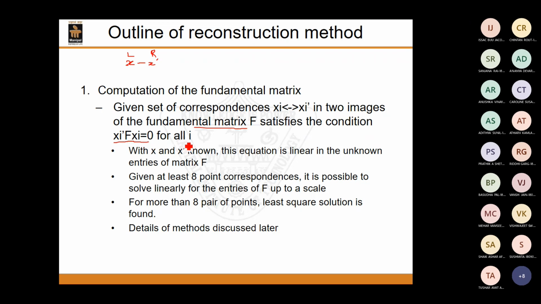And I can consider this for all i, for each of the point pairs, where i indexes the rows. Since I know x dash and since I know x, if I calculate this for all i's, what I get is a system of linear equations, and from that I can easily calculate capital F, right? And once I know capital F, from that I can find out the camera parameters.